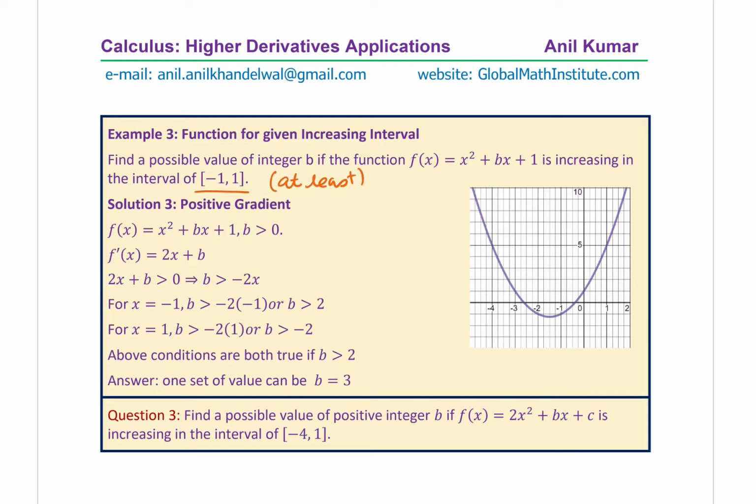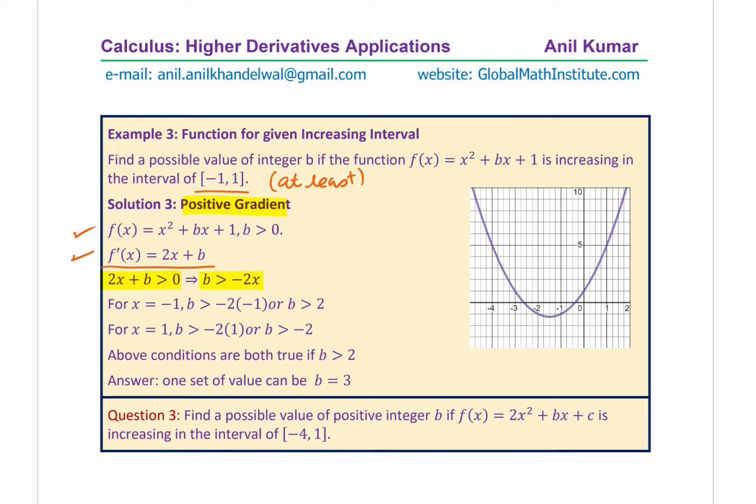That means the gradient should be positive in the given interval, which is from -1 to 1. Perfect. So the steps involved are: write down the function, which we have right here, and then find the gradient. In this case, the gradient is a linear function, 2x plus b. Clear? Now for increasing, or positive gradient, which we are interested in, we equate the gradient as greater than 0.